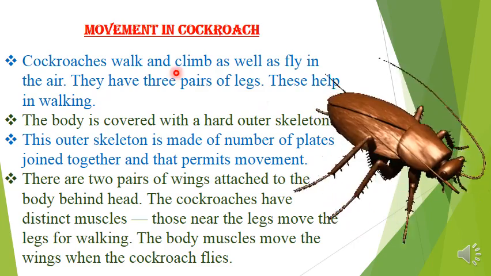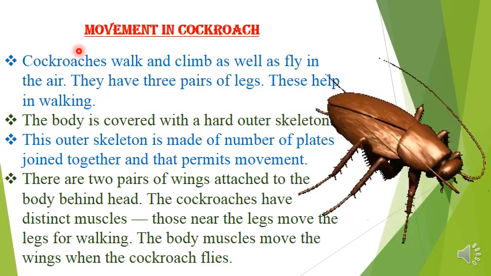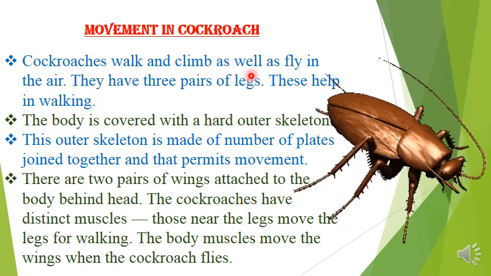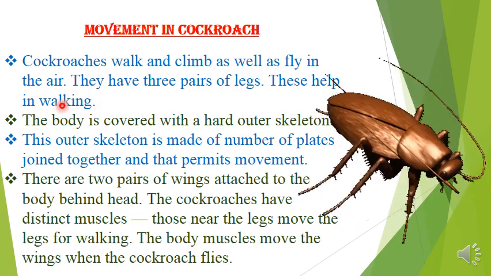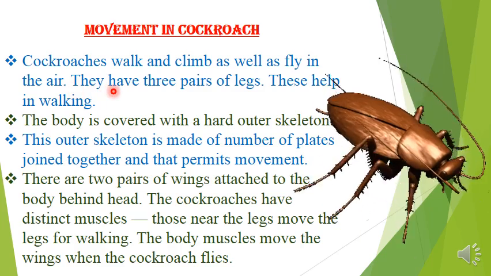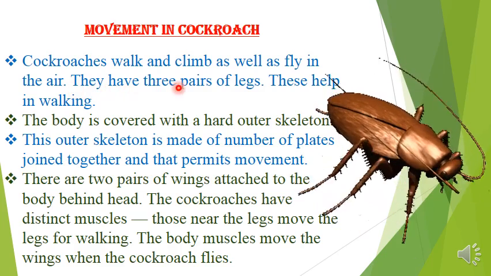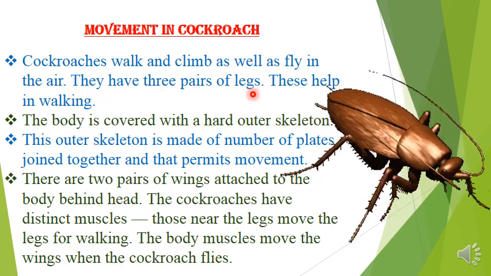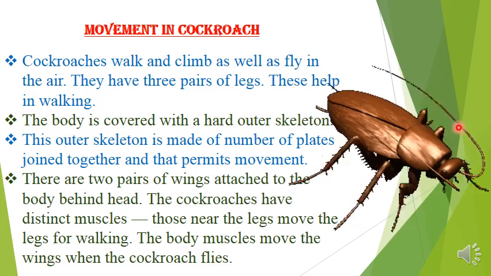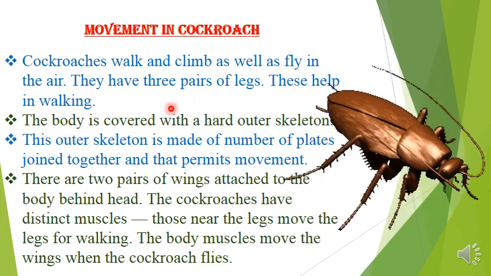Let us discuss the movement in cockroaches. Cockroaches walk and climb as well as fly in the air. They have three pairs of legs. This side 3 and that side 3. These help in walking.